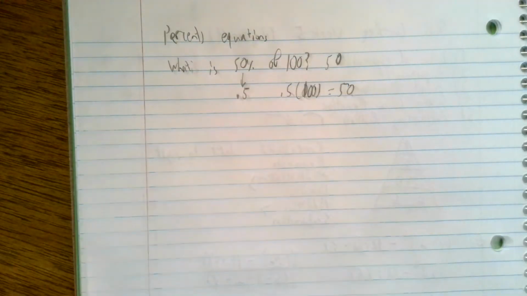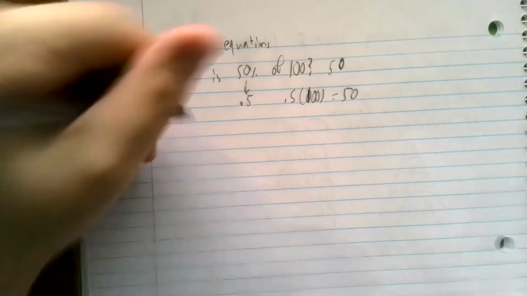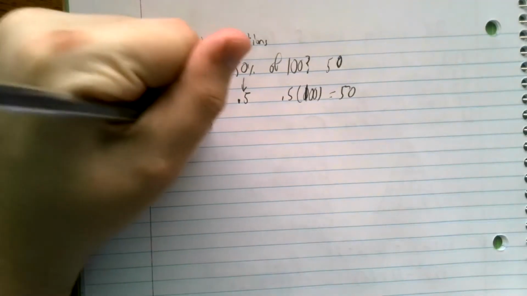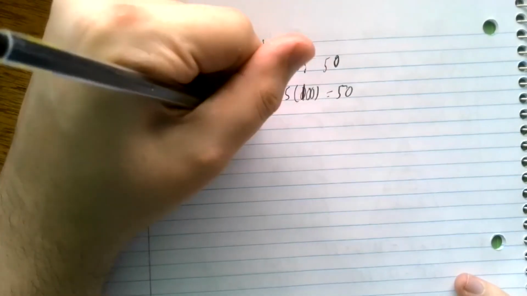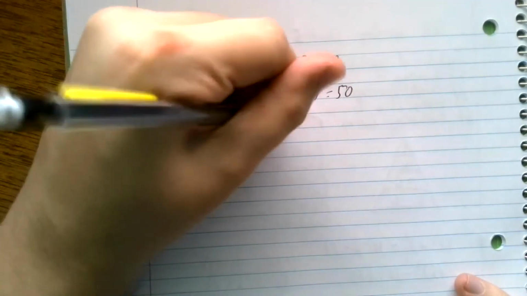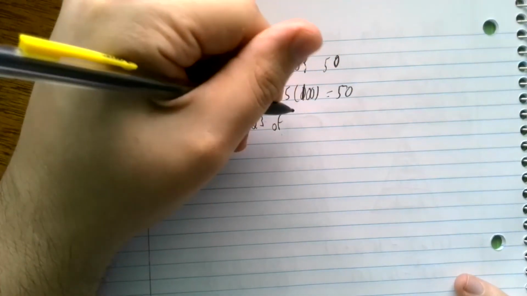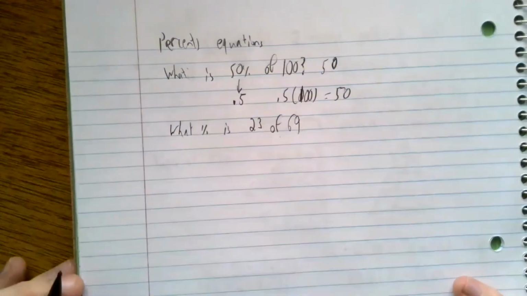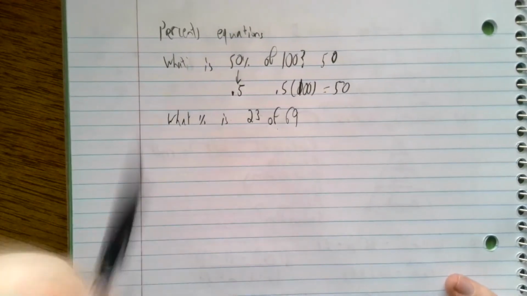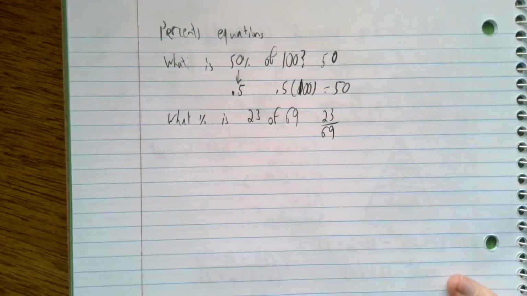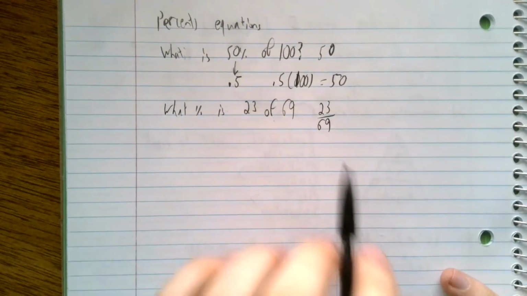But there's more types of examples for percentages, right? We could say, well, what percent is 23 of maybe 69? So to find that, I know that I have 23 out of the 69 slices of pizza, and I want to know what percent that is.